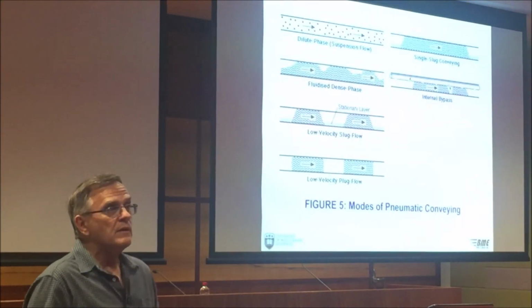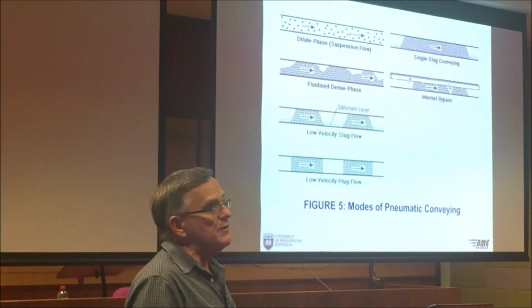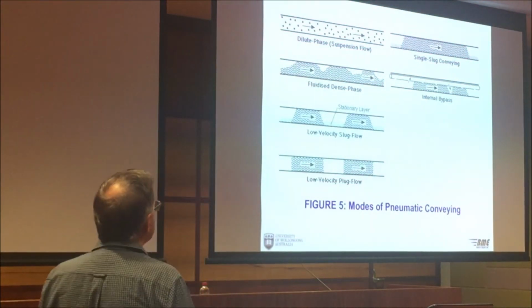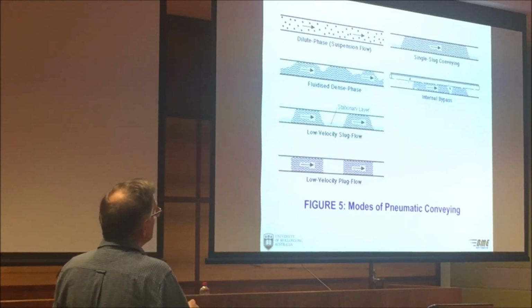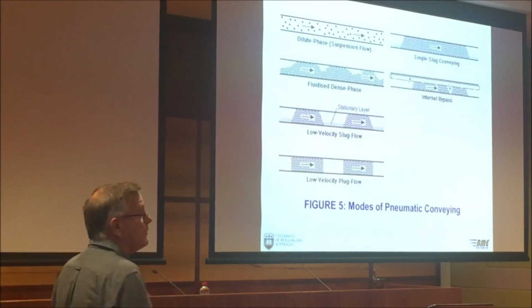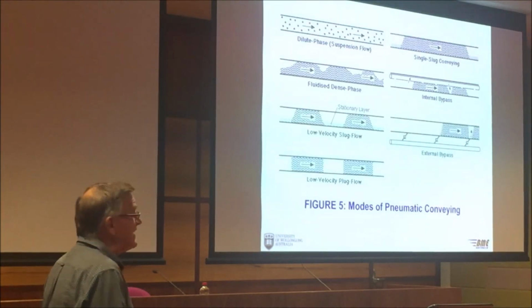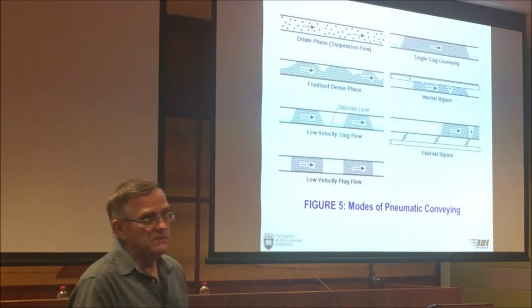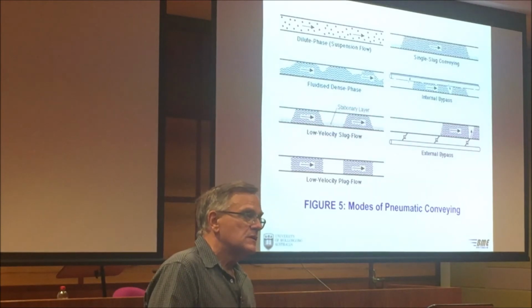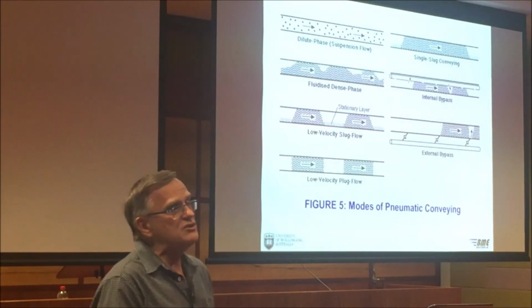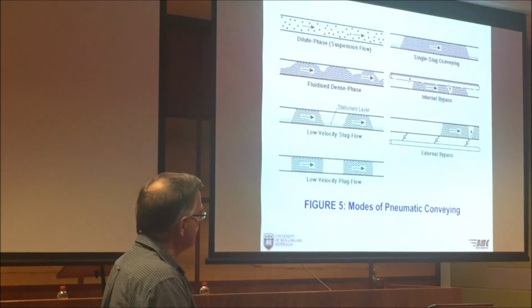So those sort of powders almost go this way and almost do that, but come back at this mine and it goes unstable. So these powders still can go into this sort of dense phase mode, but we need some assistance. So we can provide the assistance with an internal bypass to keep the slugs under control, or an external bypass to keep the slugs under control. Right, and it's very application dependent which way you go.